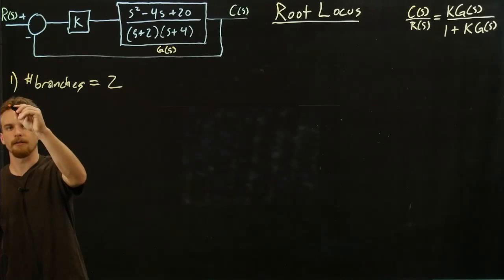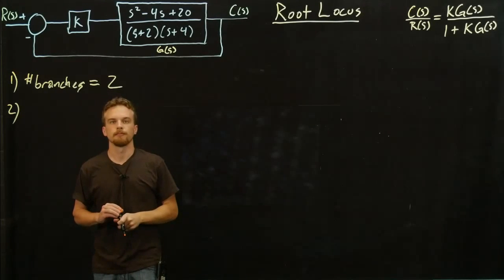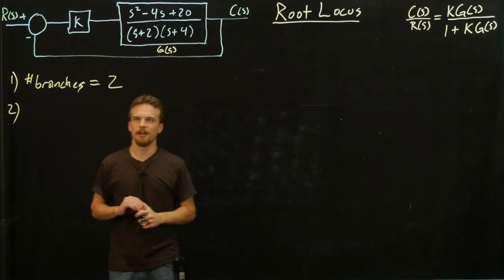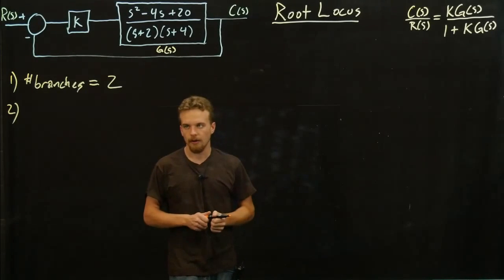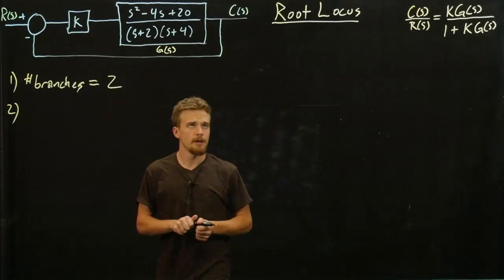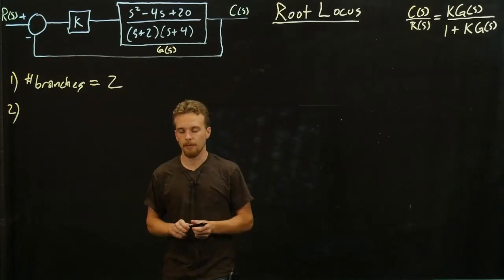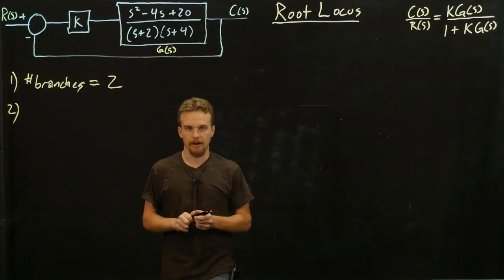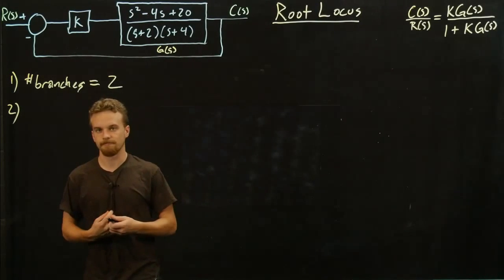All right, what's the second rule? Second rule is that we can pretty much expect that any system we're working with will be real. So in a real system, we can have complex poles, but every time we have a complex pole, its complex conjugate also has to be a pole.